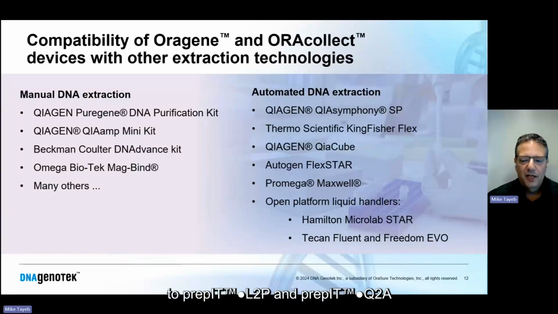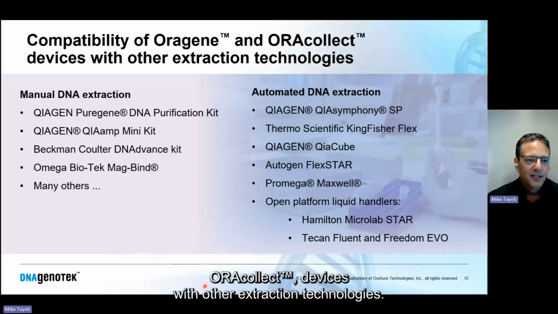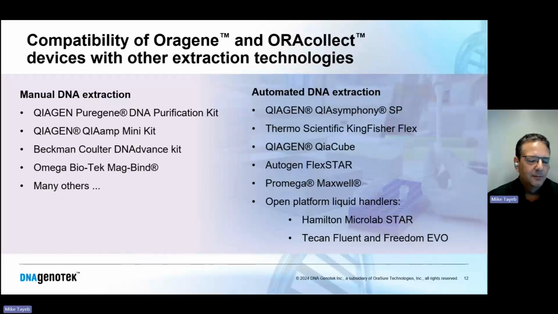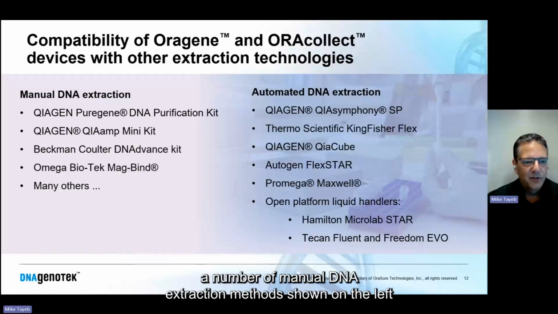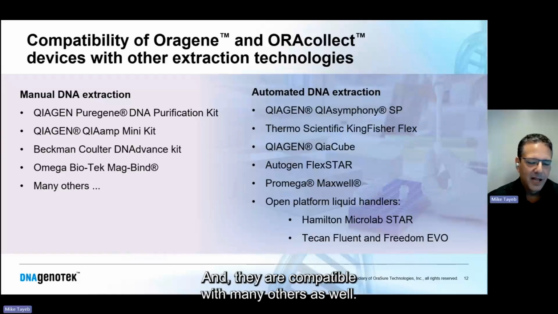In addition to PrepIt L2P and PrepIt Q2A, we have tested compatibility of Origin and OraCollect devices with other extraction technologies. There are a number of manual DNA extraction methods shown on the left-hand side of this slide that we have tested with, and they are compatible with many others as well.